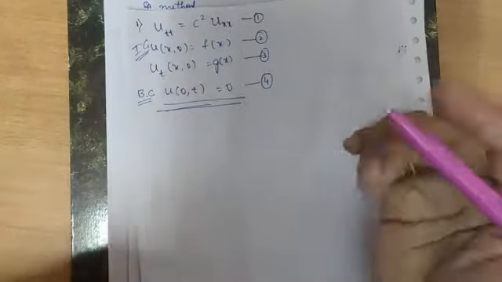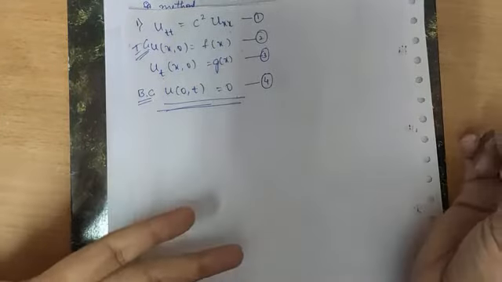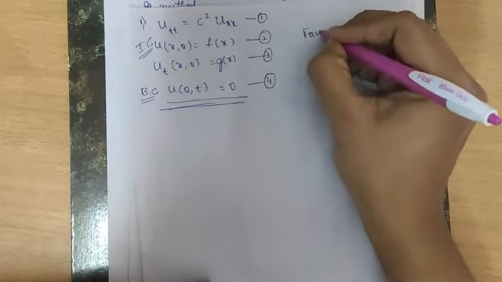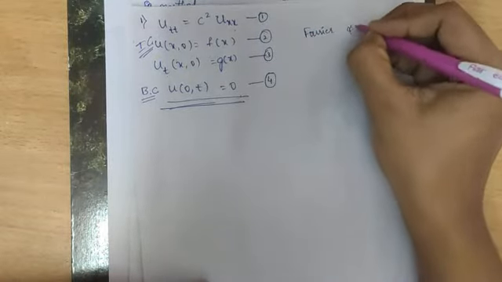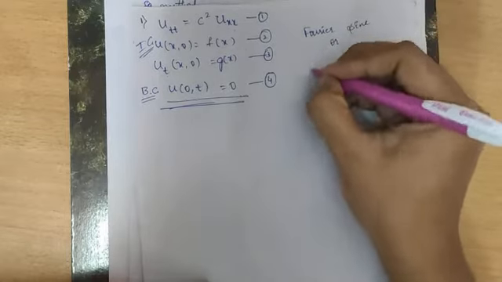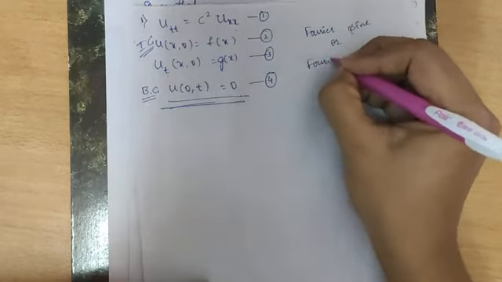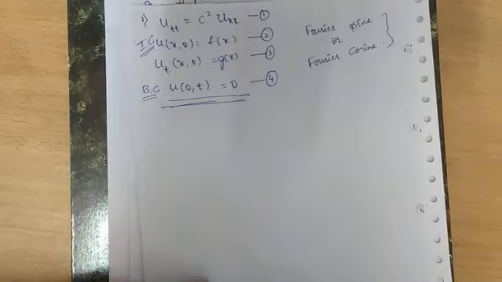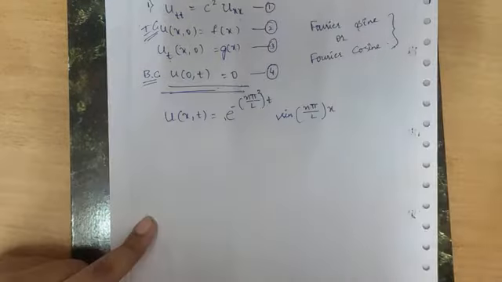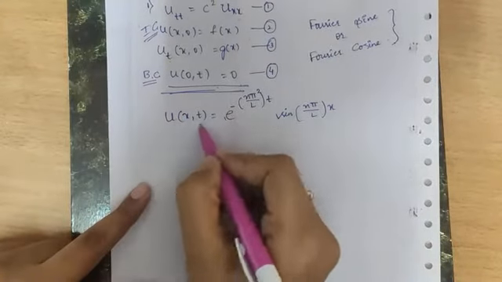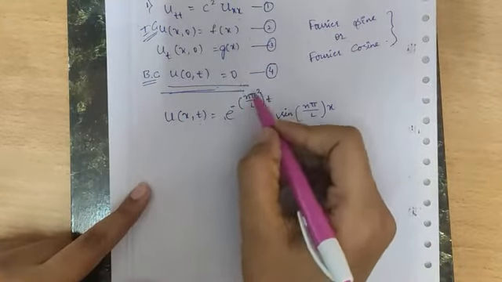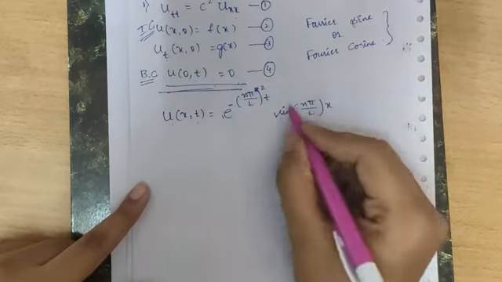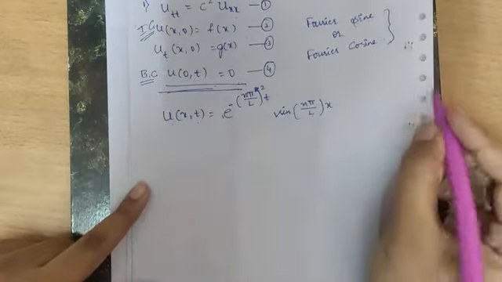So first, how to find out? The first question that arises is how to check whether we have to use Fourier sine transform or Fourier cosine transform. Okay, first let us check that. u of x comma t is equal to e power minus of n pi by L whole square into t sin n pi by L into x.